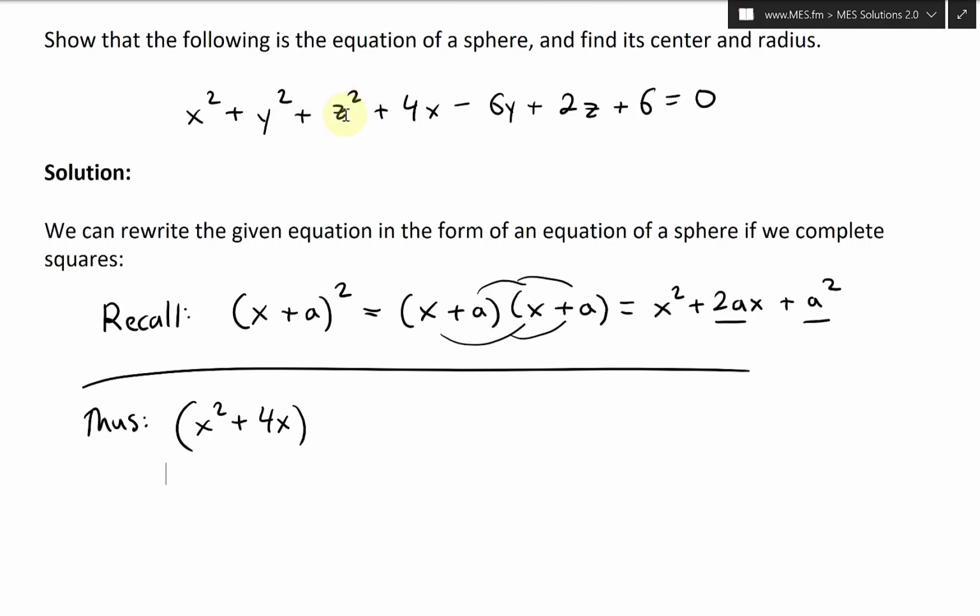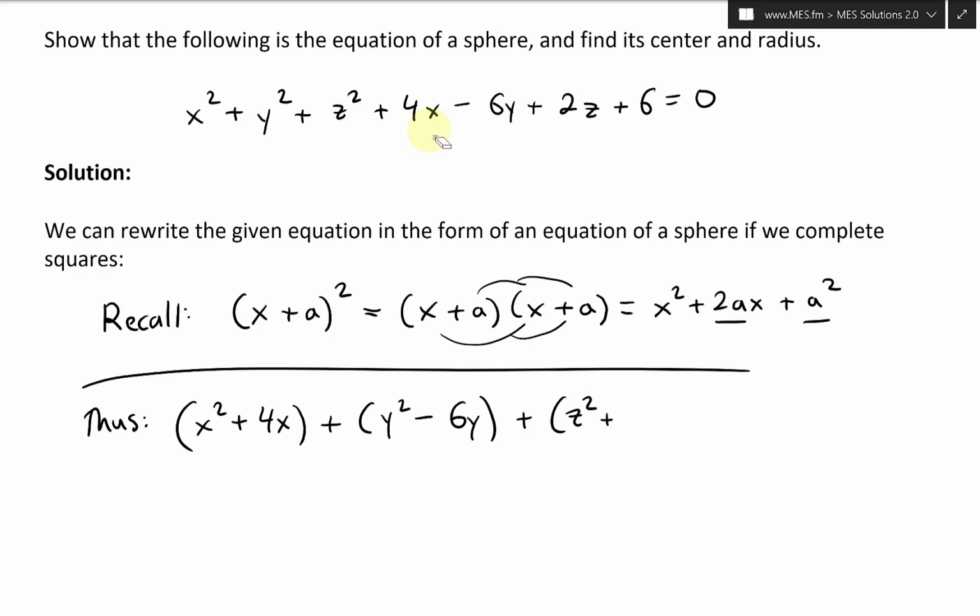And then the next one is y, with a negative 6y, so we have plus y squared minus 6y. And then the next one is plus z squared, and then plus 2z.